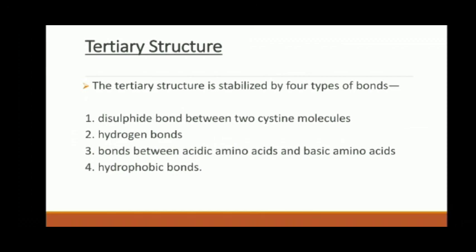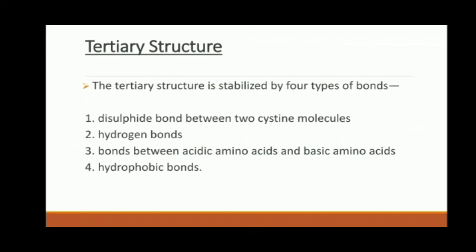Then tertiary structure is stabilized by 4 types of bonds. Which are they? Disulfide bonds between two cysteine molecules. The thiol group of cysteine is involved, and when it is oxidized, a disulfide bond forms between two cysteine molecules. Then hydrogen bonds, bonds between acidic amino acids and basic amino acids, ionic bonds.